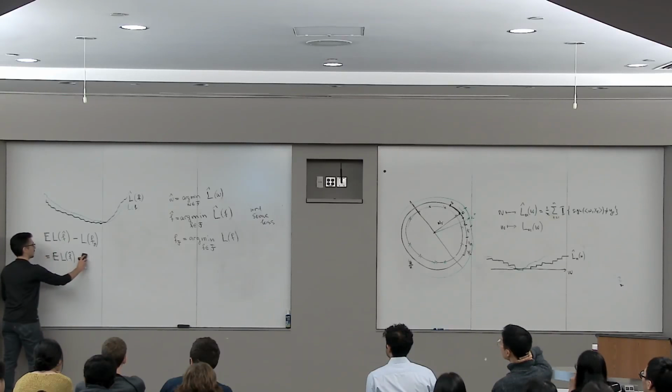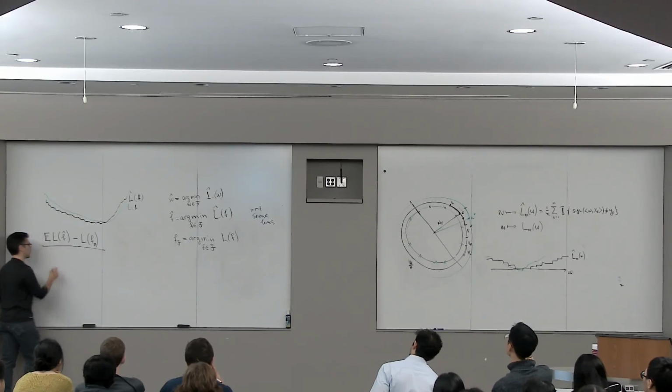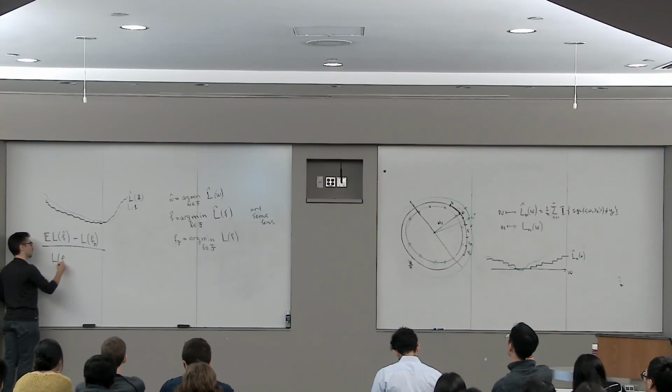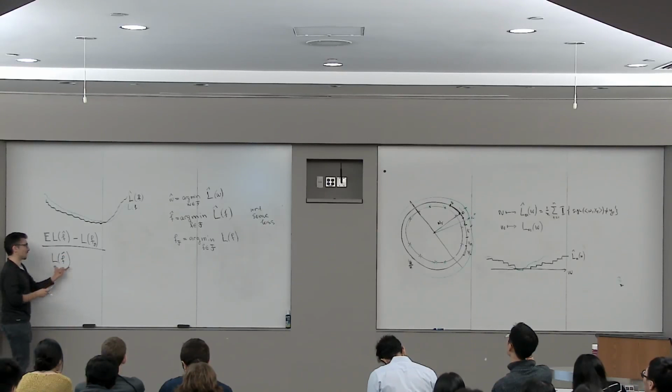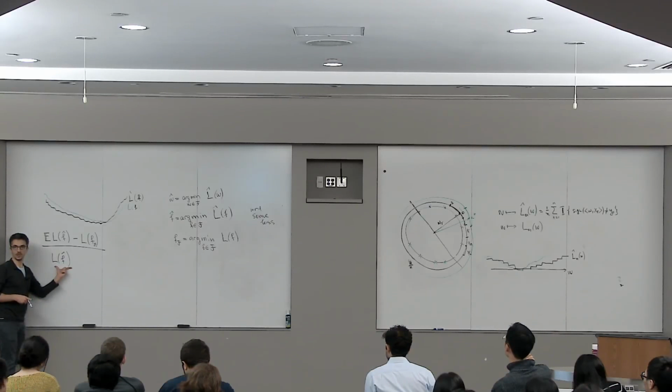Let me actually do this. This is the object of interest. Let me look at the random quantity. This is a random quantity in the data. If you remember the first lecture, this is random in the data set, right, because of the hat.